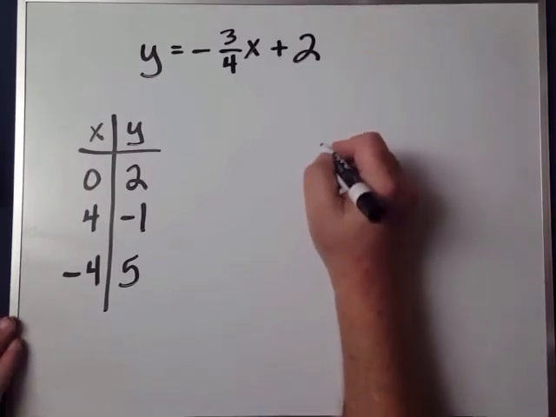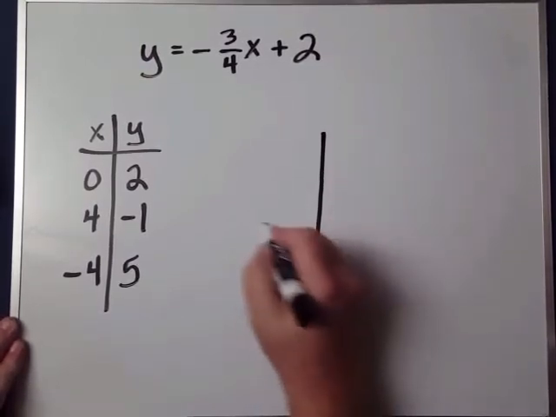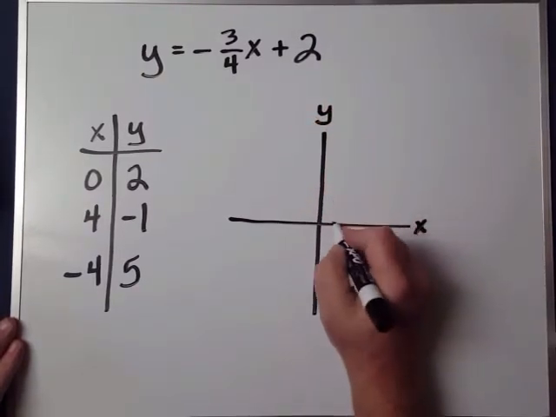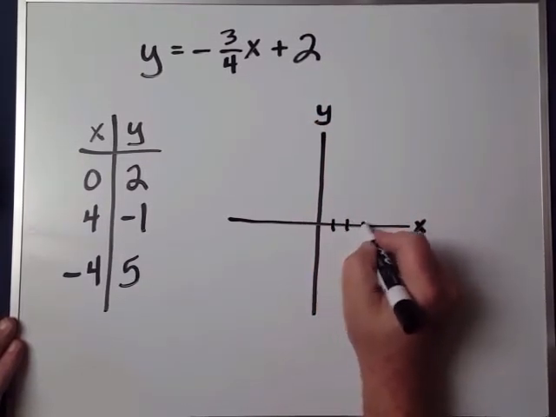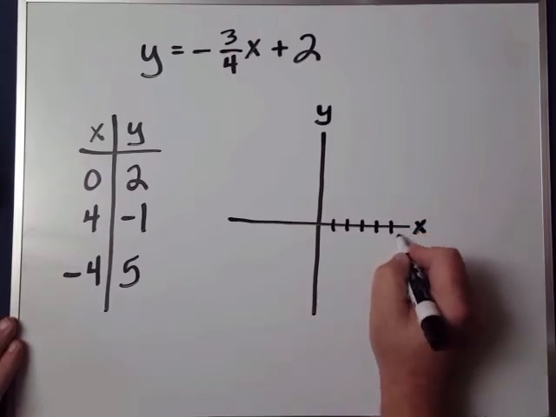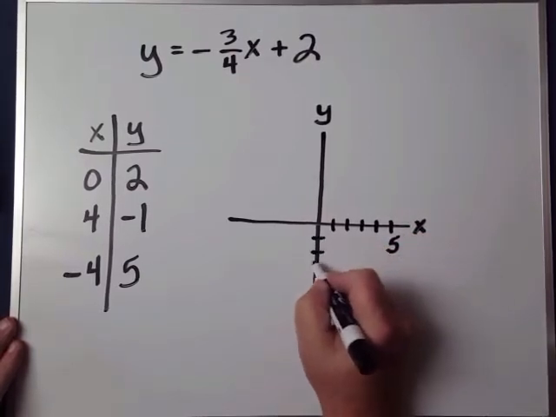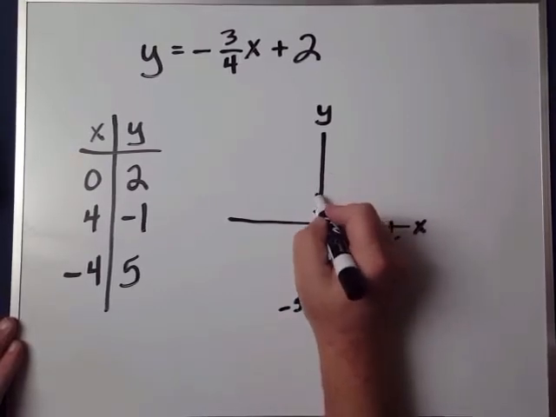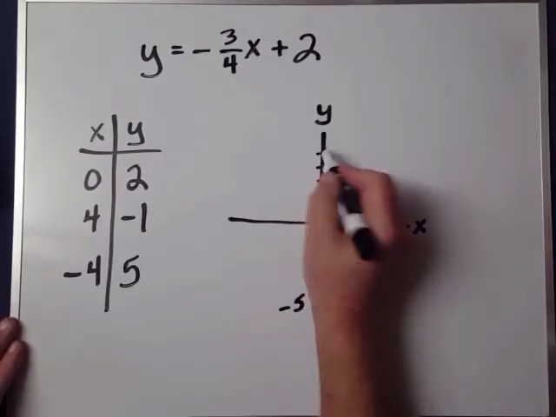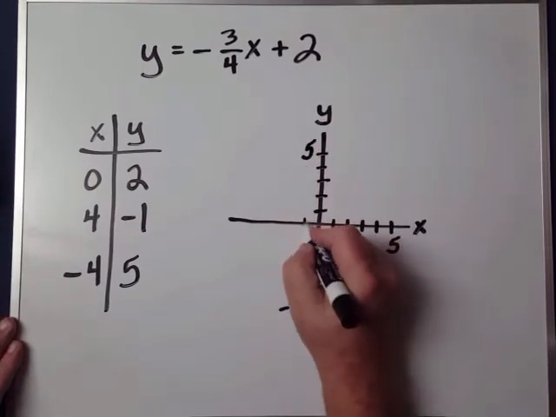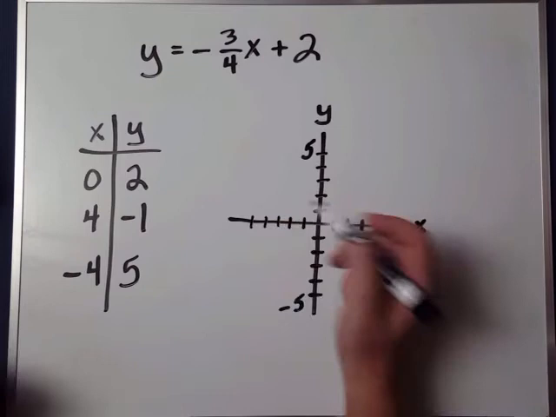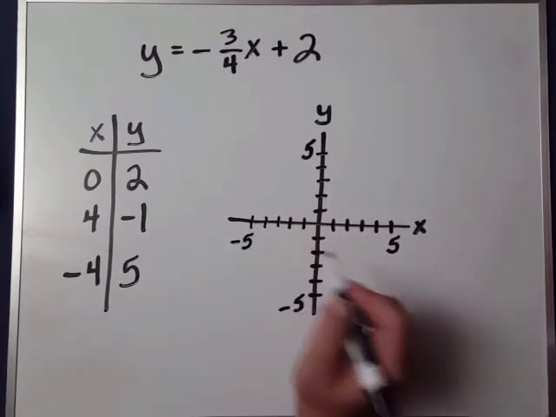Now let's graph them. Trying again to be as neat as possible. Let's go out to 5 in all directions. And we're told to plot these points and then draw the line that goes through them.